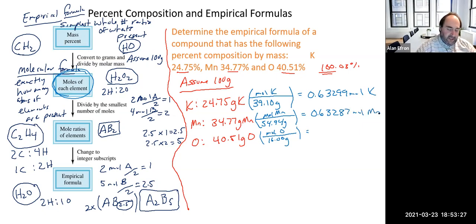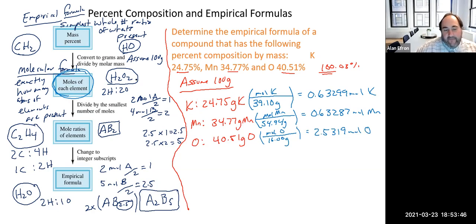And for oxygen, we end up with 2.5319, we'll call it. Any questions up to that point?